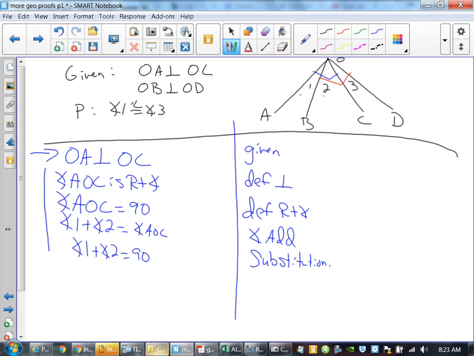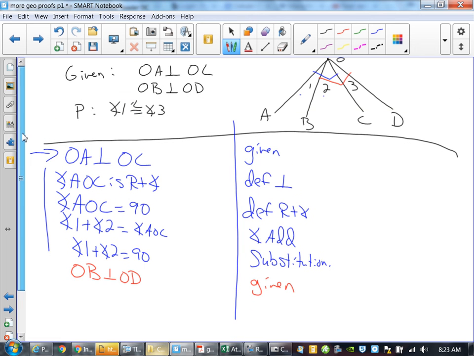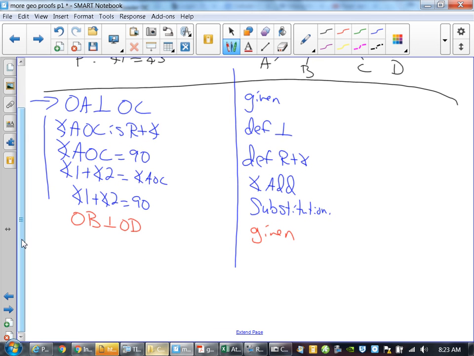We have OB perpendicular to OD. So that means that we have angle BOD. Definition of perpendicular.